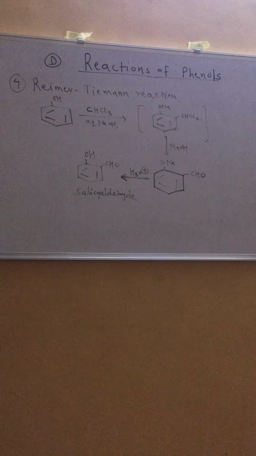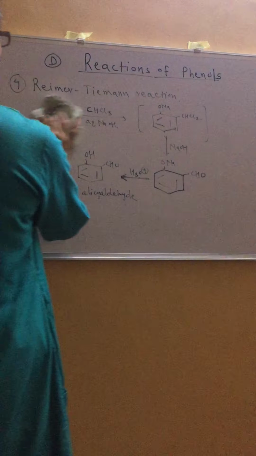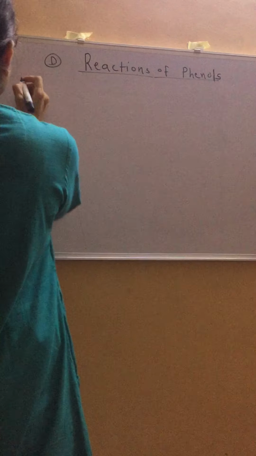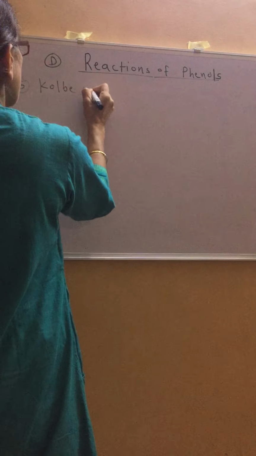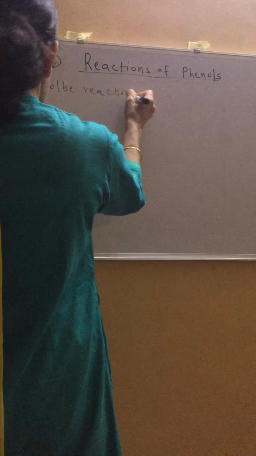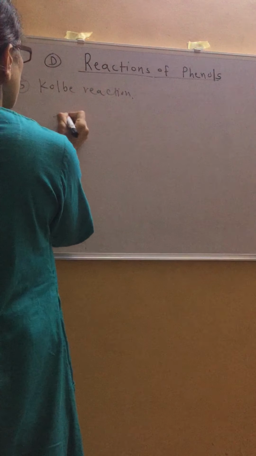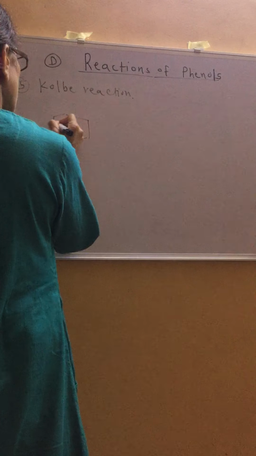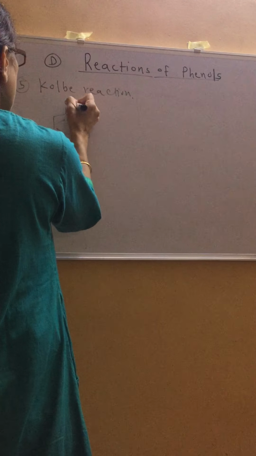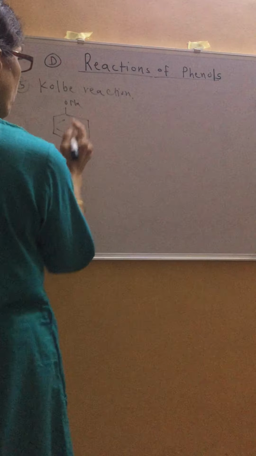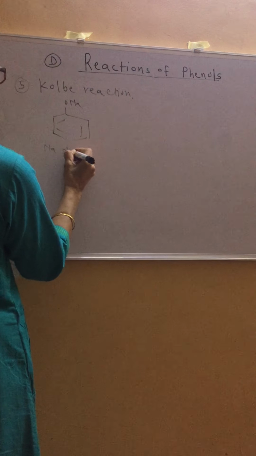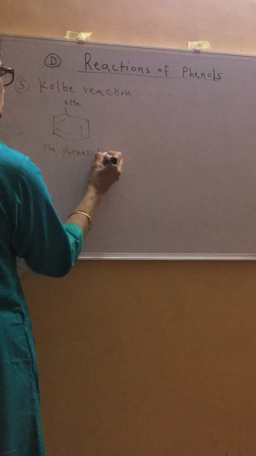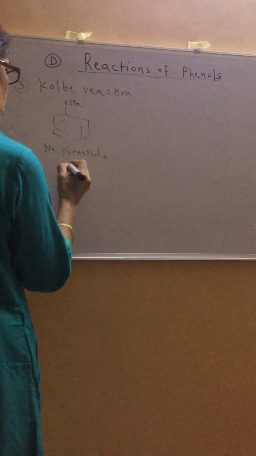We will start with the 5th reaction, that is Kolbe reaction. When sodium phenoxide, OH is phenol, when H is replaced by Na, that becomes sodium phenoxide. Like alkoxide, you know from alcohol, this is sodium phenoxide.